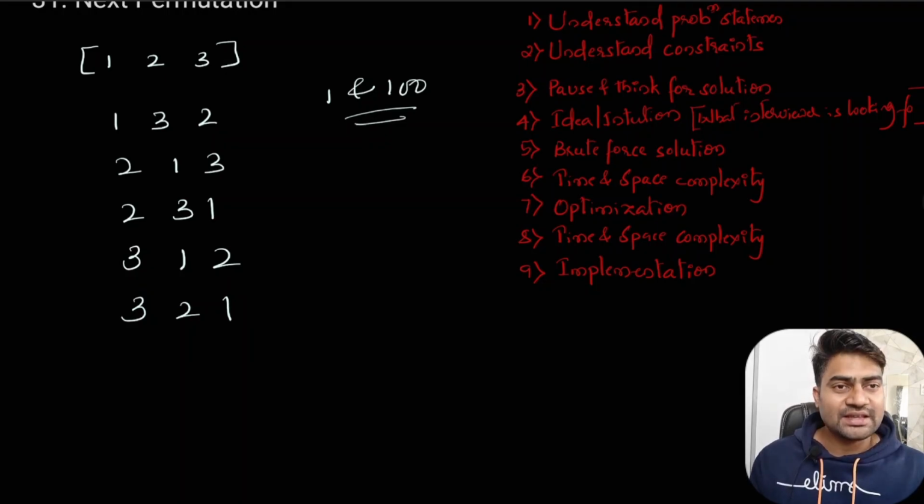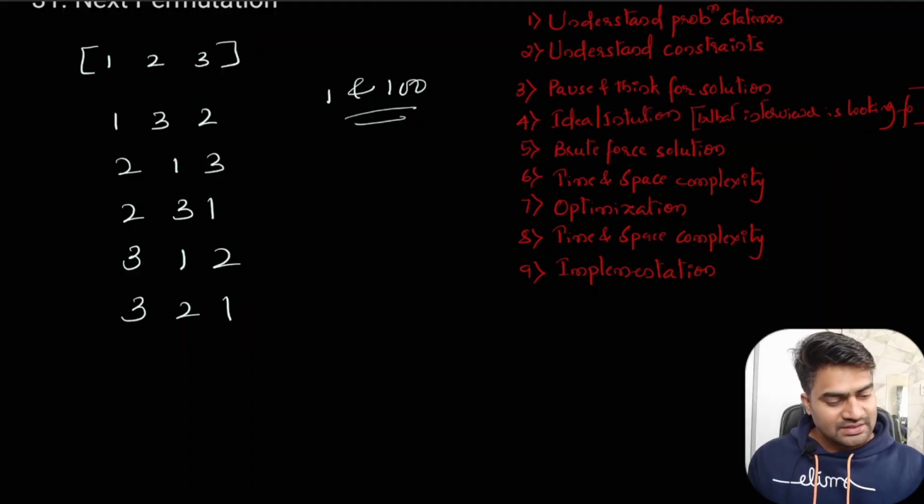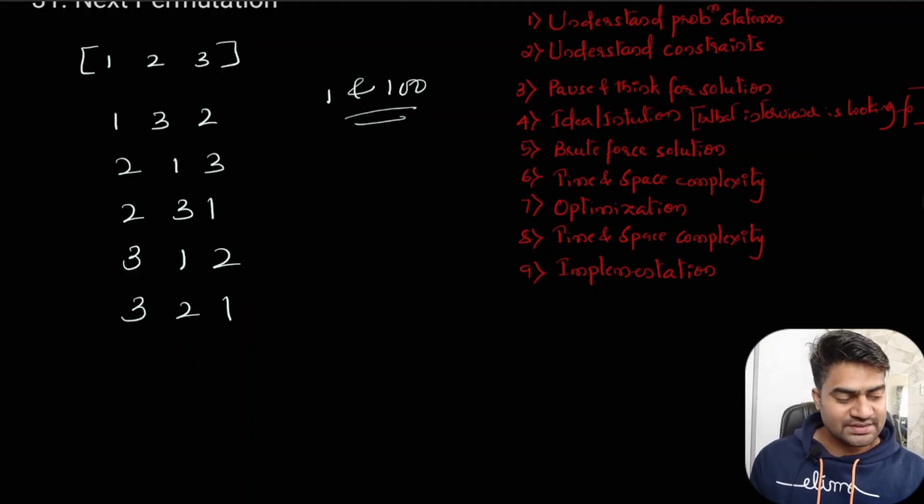So if this is the case, how to solve this problem? Before that, you can pause the video and think about any possible solution, then come back and continue watching. With that, let us also try to understand what the interviewer will be expecting.